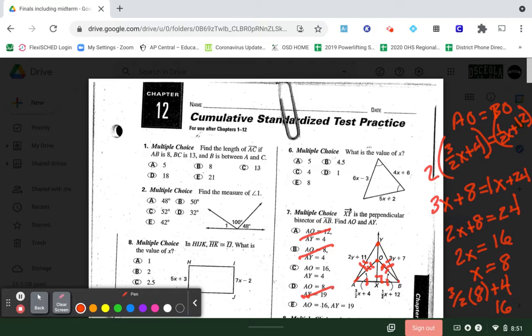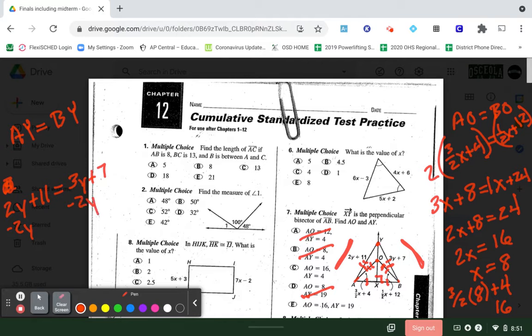So let's go over here, and we know that we're looking for AY. Well, AY is equal to BY, because we know that this distance and this distance are the same. So now we're going to set those equal to each other. 2y plus 11 equals 3y plus 7. So I'm going to subtract 2y from both sides.